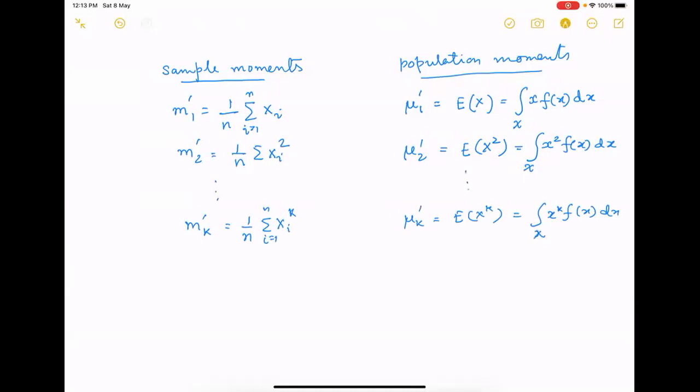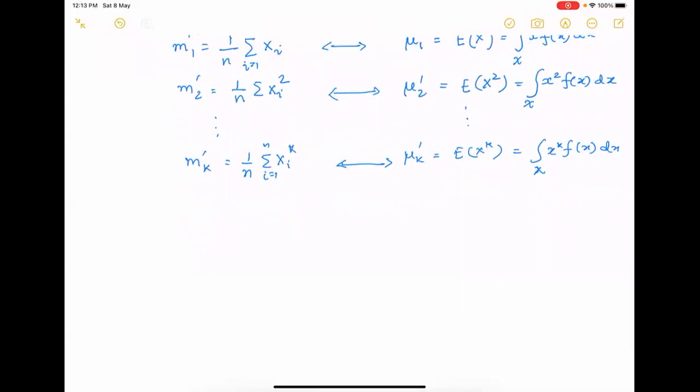Now what it does, it says we will approximate mu1 dash with m1 dash, mu2 dash with m2 dash, and muk dash with mk dash. That's very simple. You can just write a simple function in R or Python which will give you all the moments that you need. Life is simple. Then basically you express your theta as some function of mu1 dash, mu2 dash, up to mu k dash.